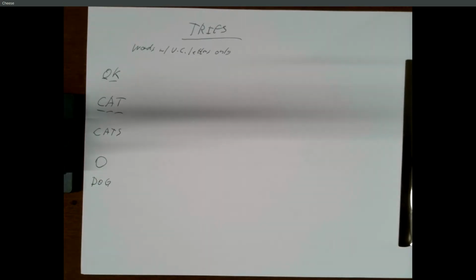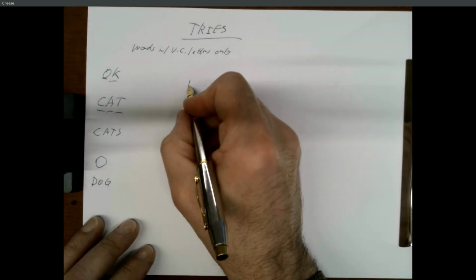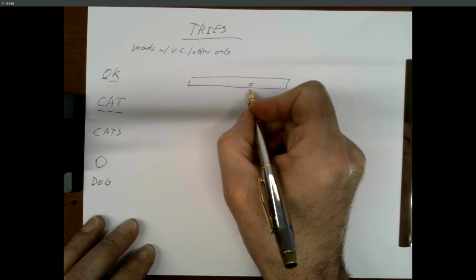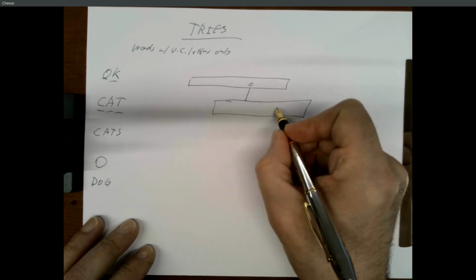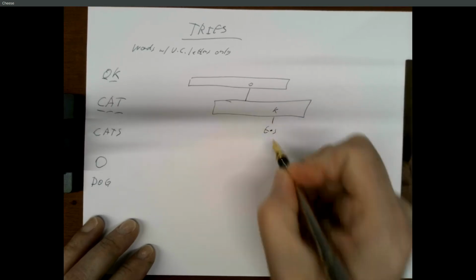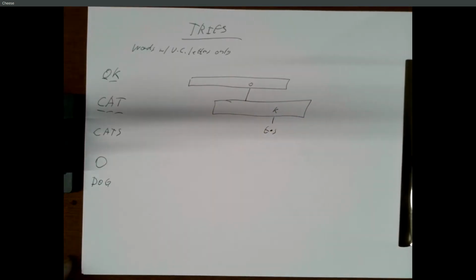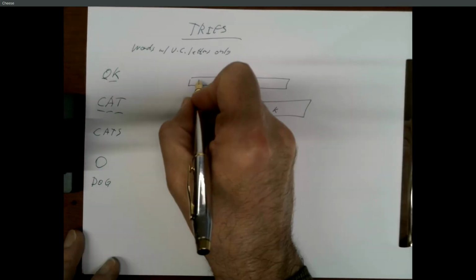So if we drew this the way that we normally draw trees, here's an O, and it points to a node, and there's a K, and that's got an end of string bit set, which means that's a leaf node.